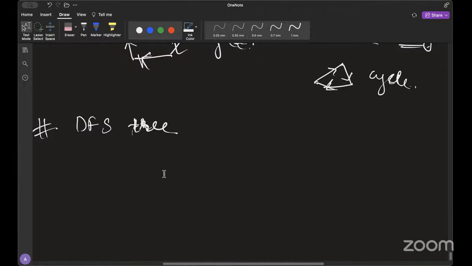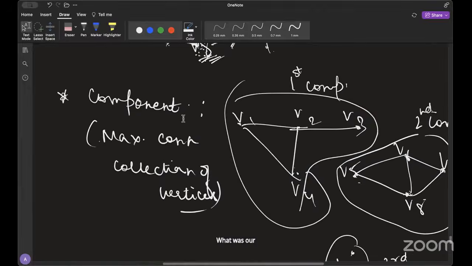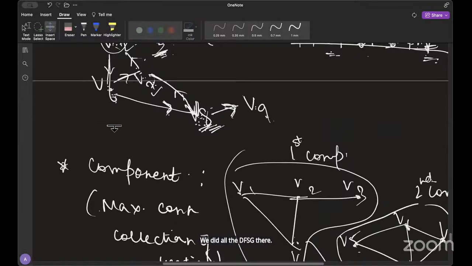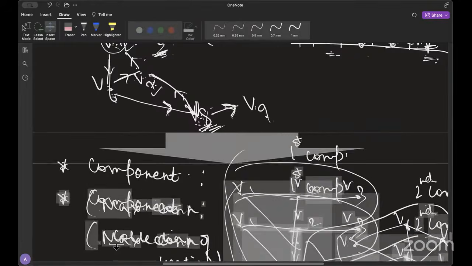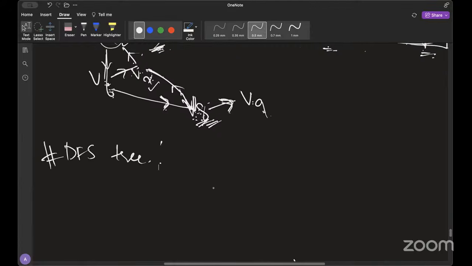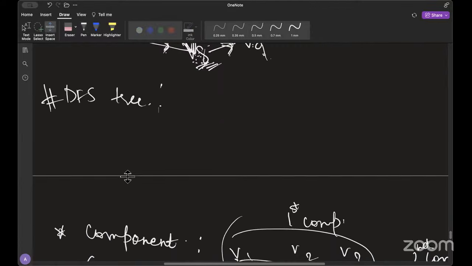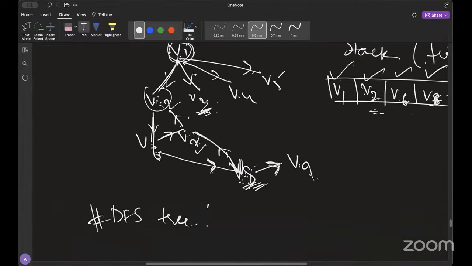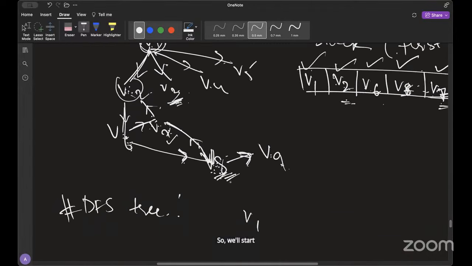What was the graph the last time? We'll draw the DFS tree there. Let's make the DFS tree here. So we'll start with V1.